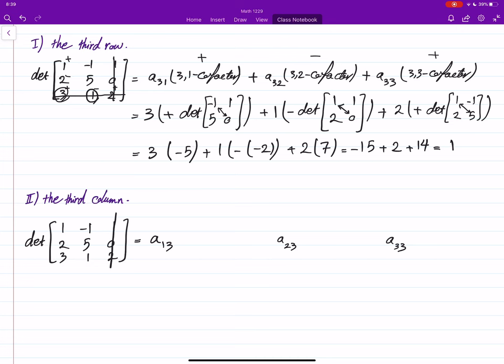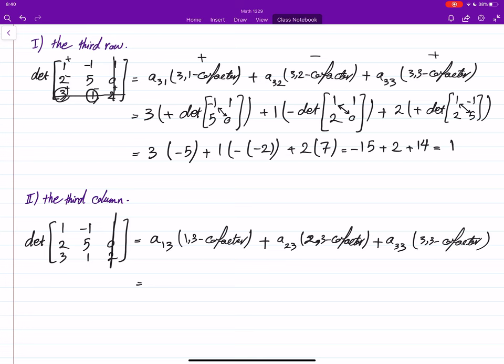Then you find the corresponding cofactors, multiply each entry by the corresponding cofactor, and then add these.